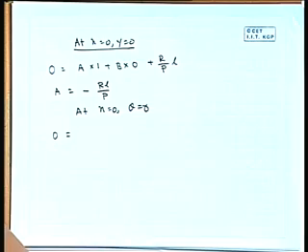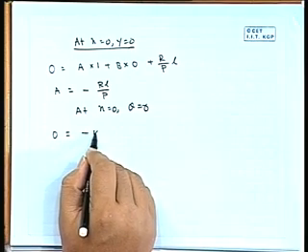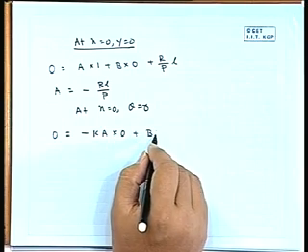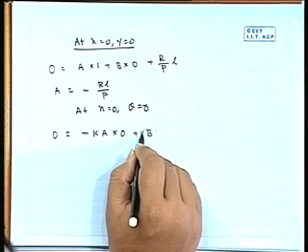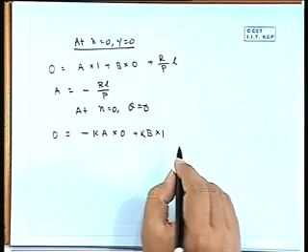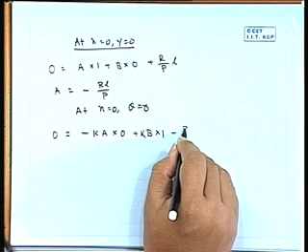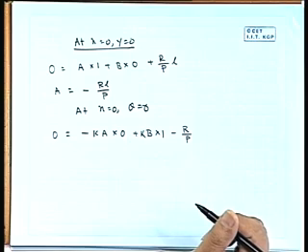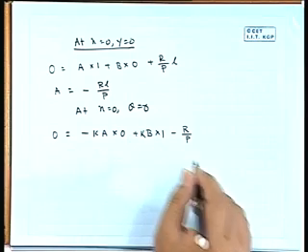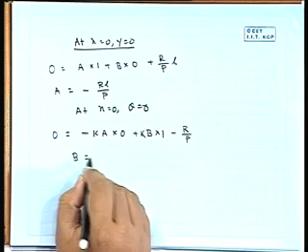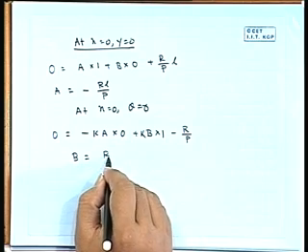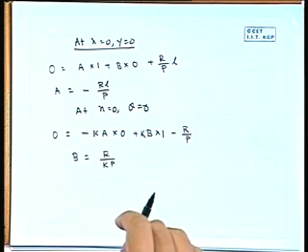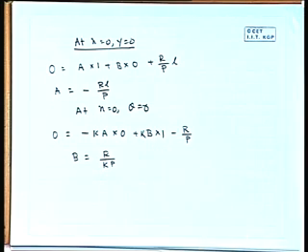So here 0 will be minus k a into 0 plus k b into 1 minus r by p. So here we are getting b equal to r by kp and a equal to minus rL by p. So we are getting both the values a and b.